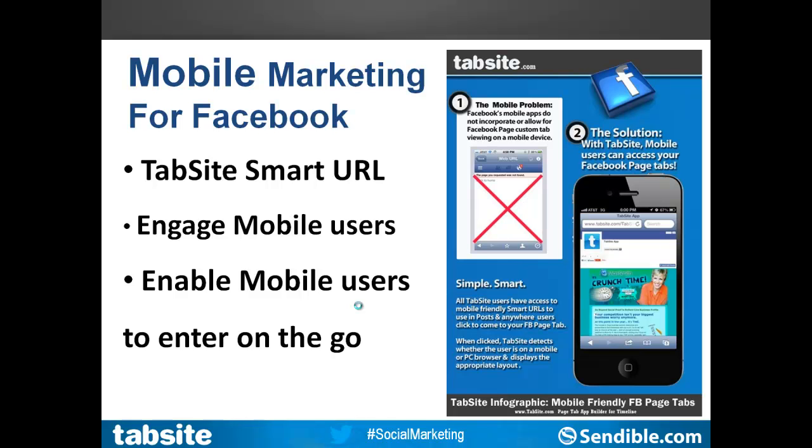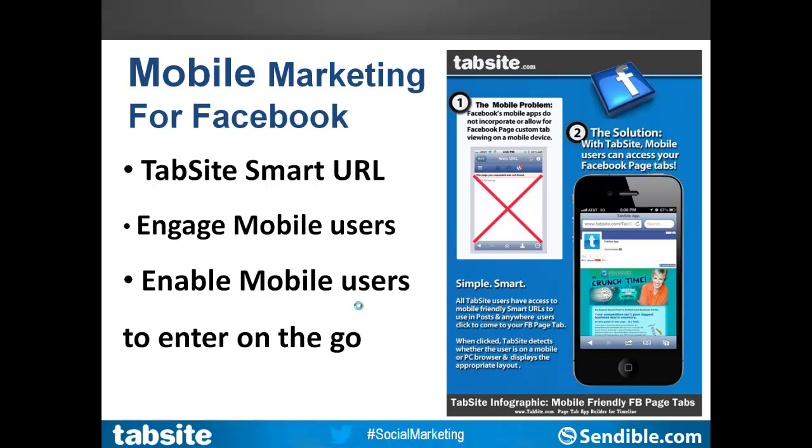we will show them the mobile friendly view, just like you see there on the iPhone view on your screen now. So we're one of the few that allows mobile users to see that, and we're basically detecting that they're a mobile user, and we give them a mobile friendly view.